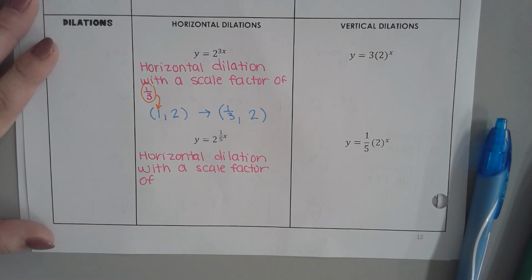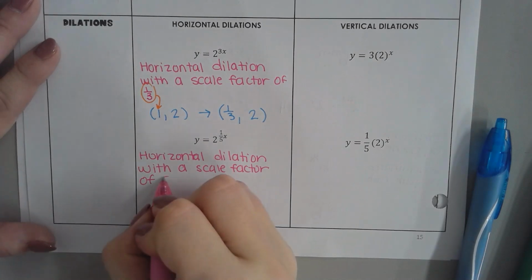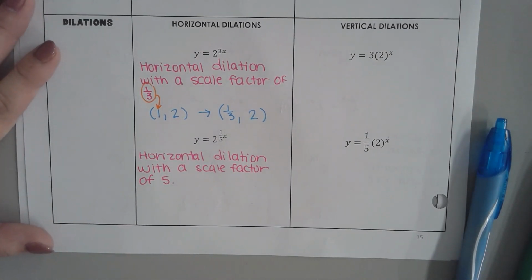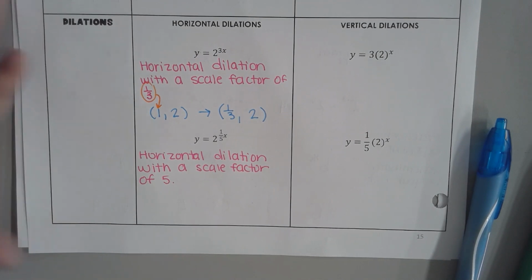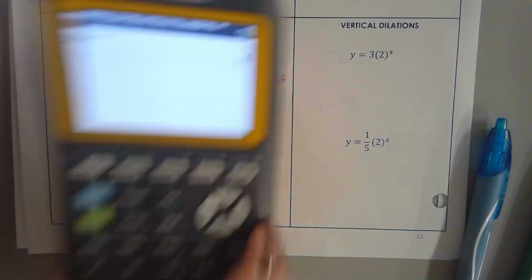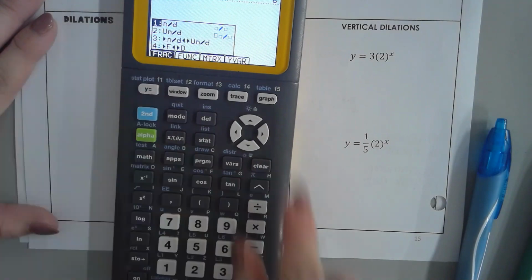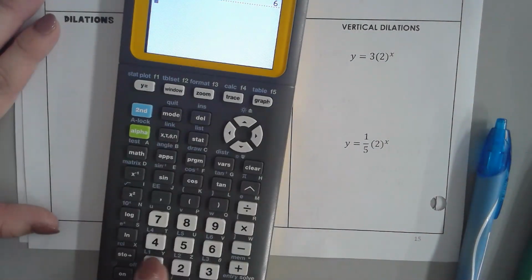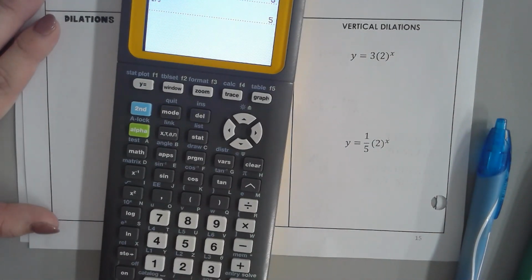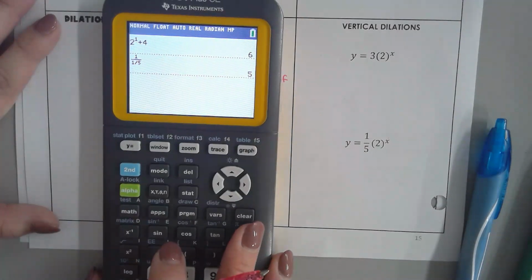Positive 5, yep. 1 over 1/5. If you do 1 over 1/5, it's 5. Oh, you can't see that. Yep.